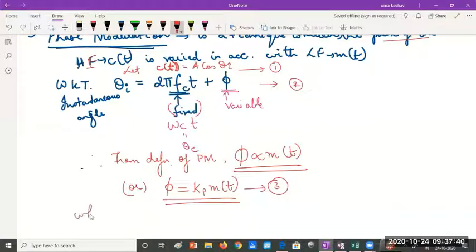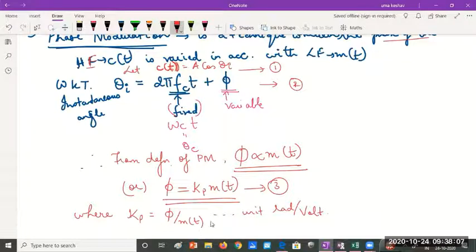Okay. Can you tell me what would be the definition for kp and its units? Here, if I have to isolate kp, radians per volt. Yes, this would be the ratio of this angle by the message voltage. So its units would be radians per volt.